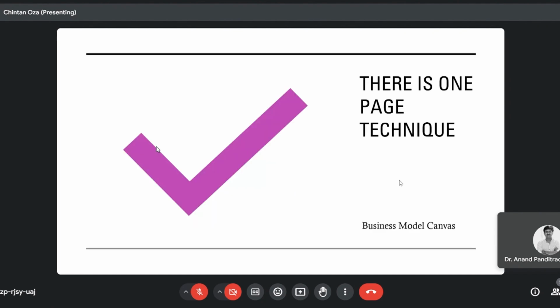But there is a one-page technique called the business model canvas. Please remember the meaning: business model canvas. The name itself is explanatory, business model canvas.